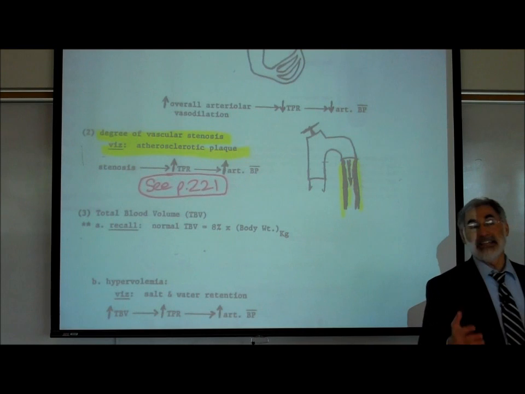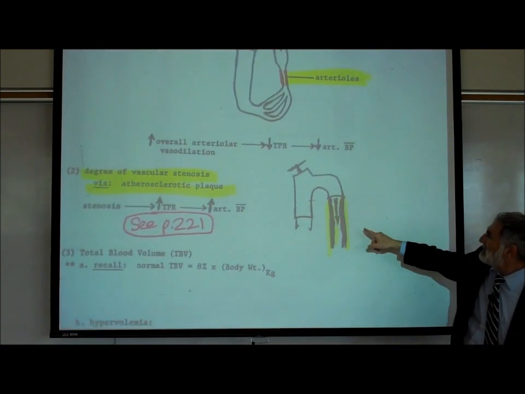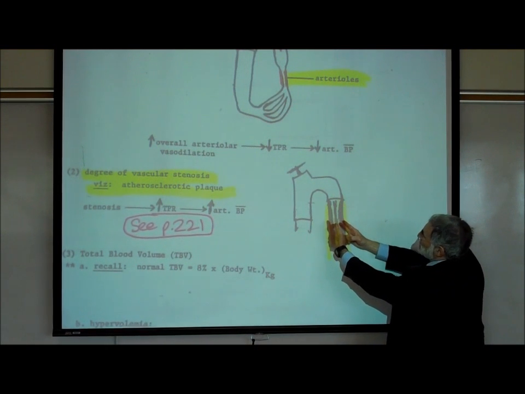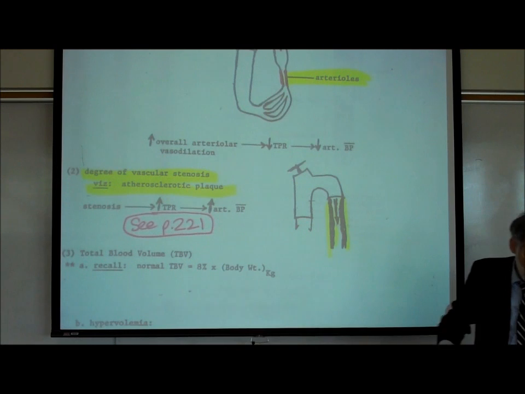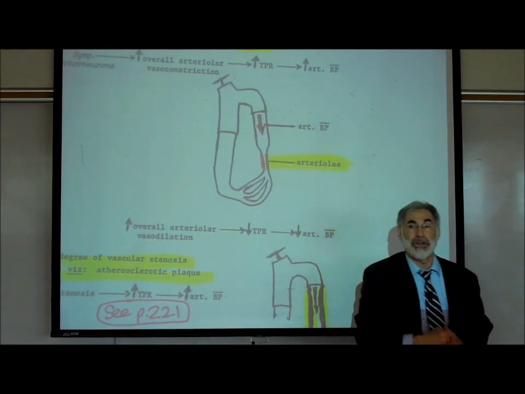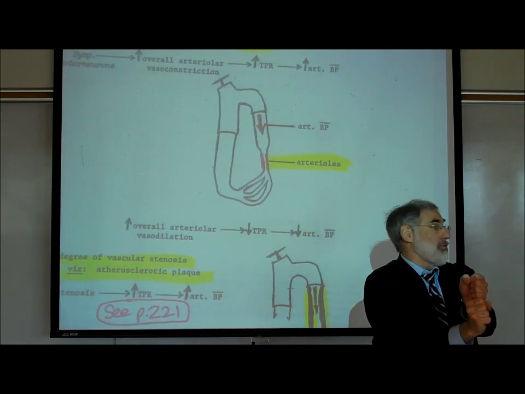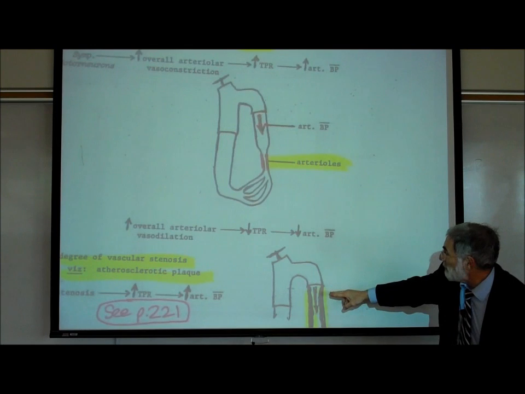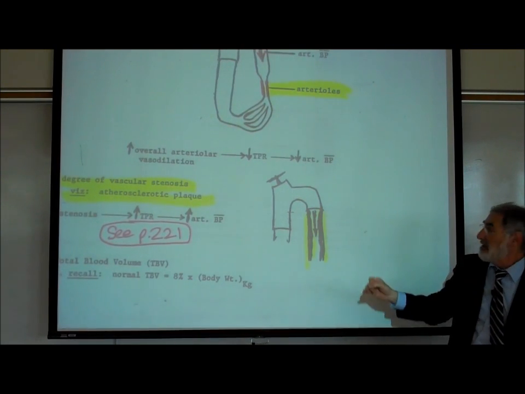Let's understand it intuitively. Look, it's really simple. Can you see that if this crud builds up on the inside wall of the vessel, making the lumen narrower, isn't that effectively the same effect as if the vessel had constricted? So if we've agreed that constricting the vessel raises resistance, this is effectively the same as constricting because the lumen has gotten narrower, right?